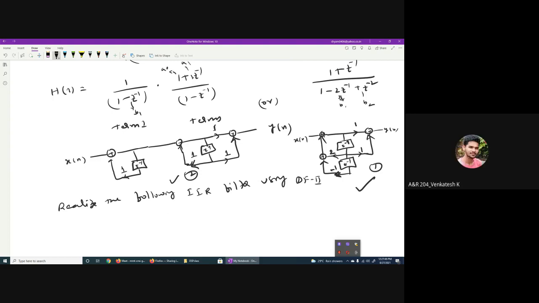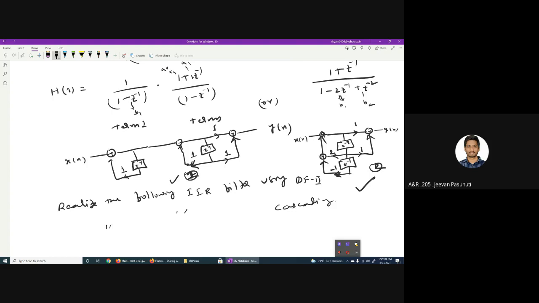Second one. Let me take this as 1 and this as 2. Which one? Second one, isn't it? Yes, sir. Right hand side. Same question: realize the following IIR function using cascading. Which one will you follow? First one, sir. Both are the same actually, only the method is different, isn't it? Yes, sir. I hope now you understood.